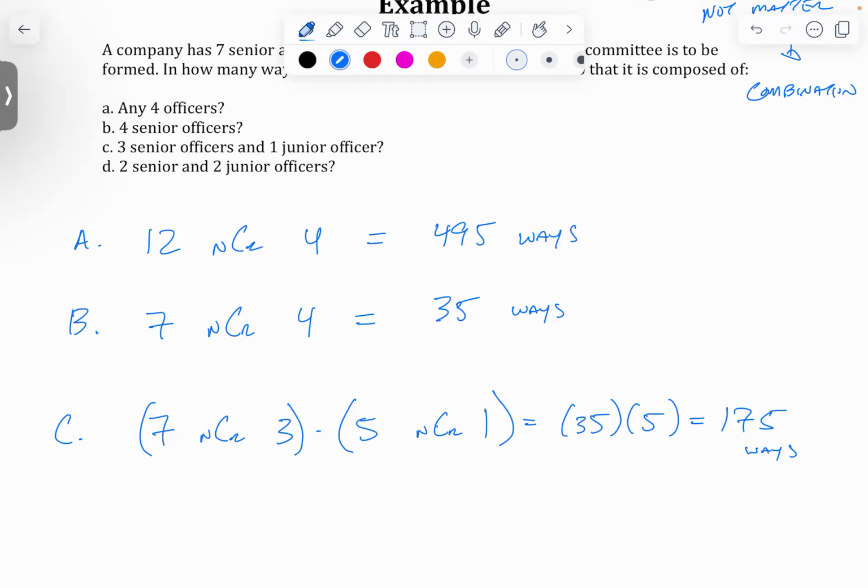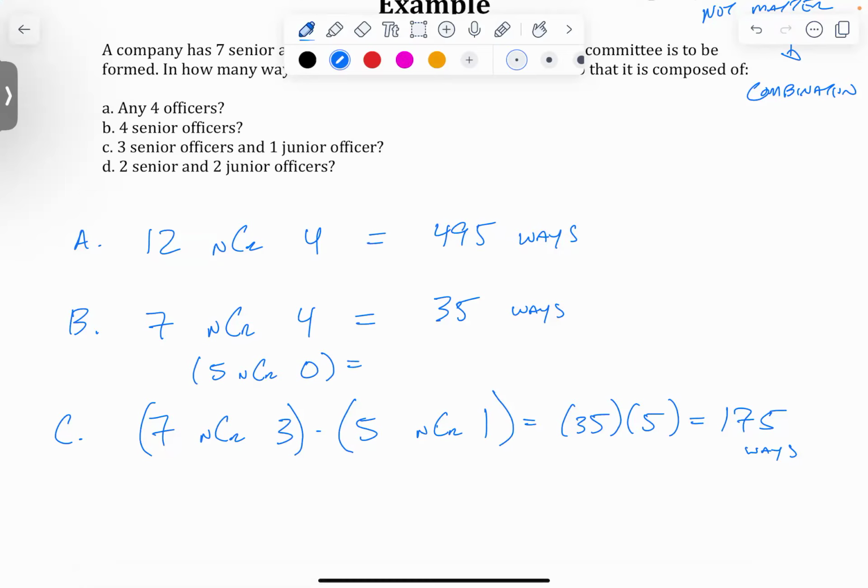This does remind me. So notice, we got 4 in the question before. We got 4 members from the 7 senior members. That means that, just FYI, that was 35. We selected 0 junior officers from the 5 junior officers.